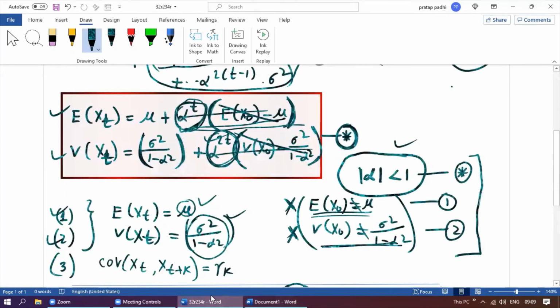If you see this one here, this will be mu, this will be sigma square divided by 1 minus alpha square. In the long run, these two will vanish. That is what I want to say.